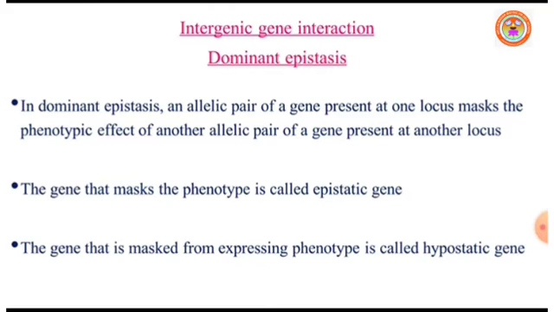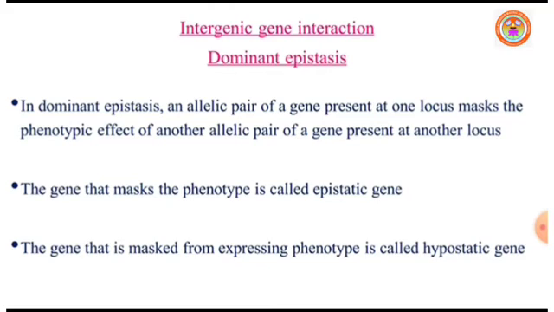The gene whose phenotype is suppressed is called the hypostatic gene. When both genes are present together, the phenotype is determined by the epistatic gene, not the hypostatic gene.